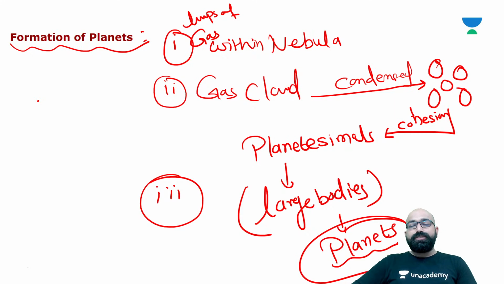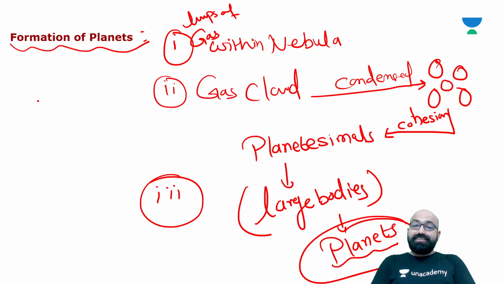These small rounded objects, by the process of cohesion, develop into planetesimals. Larger bodies start forming by collision, and gravitational attraction causes the material to stick together.